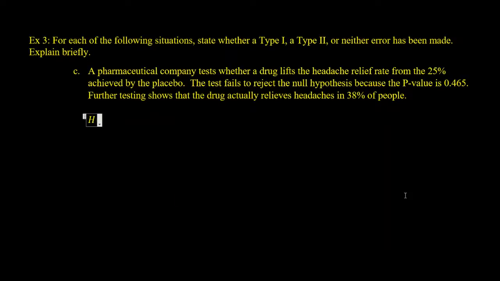We can look at the hypothesis to help us out with this. So the null hypothesis is that p equals 0.25. The alternative is that p is greater than 0.25. And we're saying it's actually 0.38, so the alternative seems to be above 0.25.